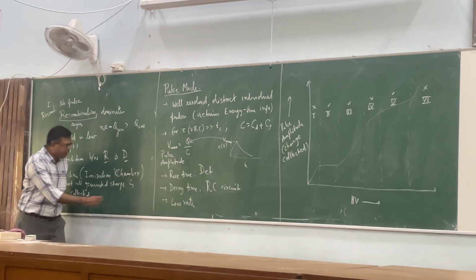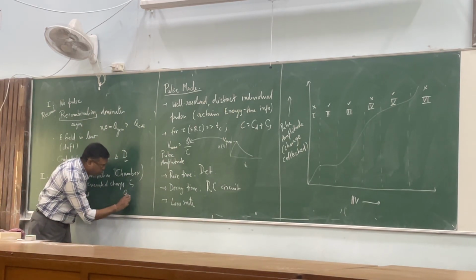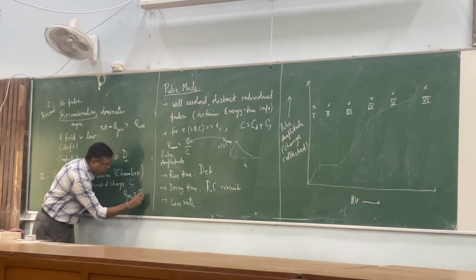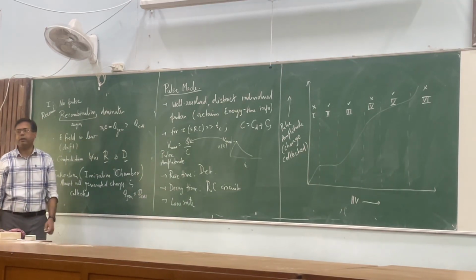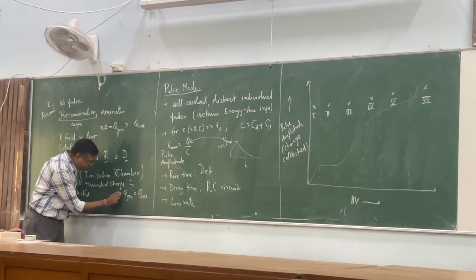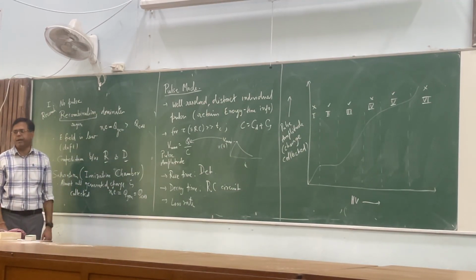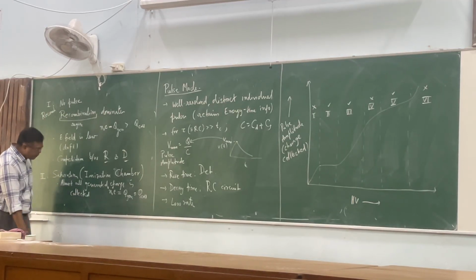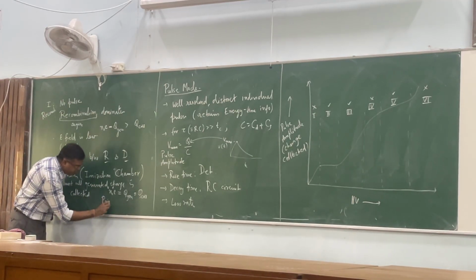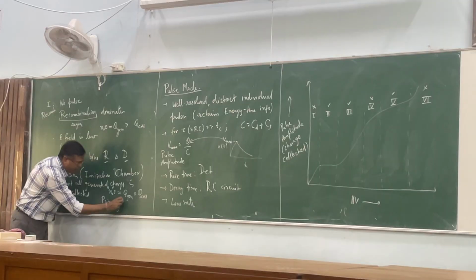As soon as I enter here, Q generated becomes equal to collected. Now at this region, I start getting information about this primary ionization and not Q. So the entire primary ionization is collected.